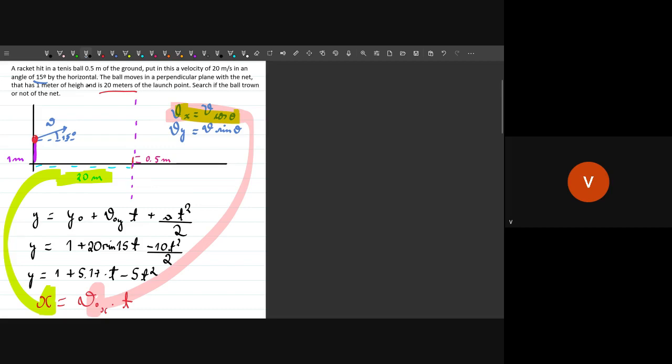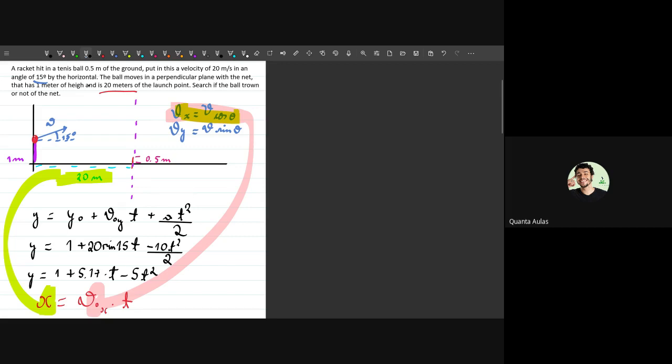I'm getting something weird. For Vx equals V cosine theta, it's going to be 20 multiplied by cosine 15. Cosine 15, yeah. So, how much? It'll be 5 root 6 plus 5 root 2. No. I suppose you don't need to use this form of the cosine of 15.